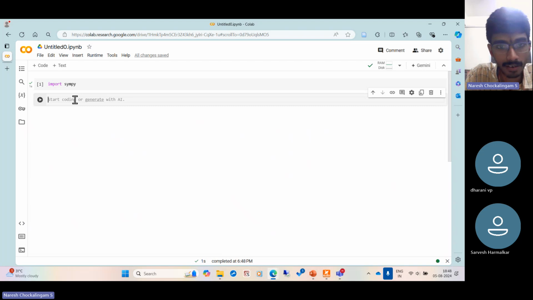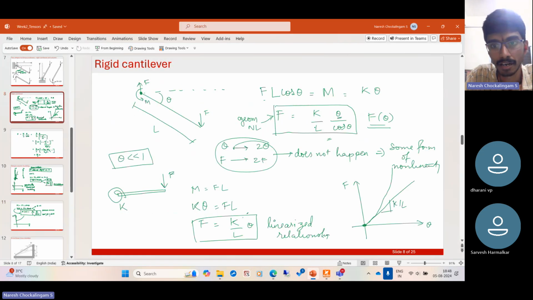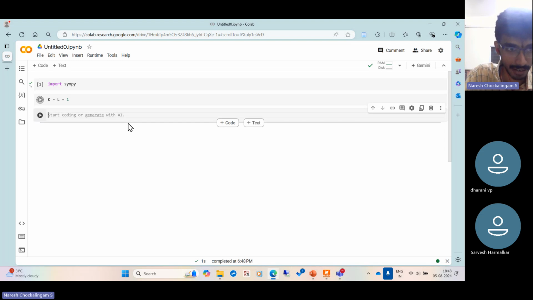Just to visualize here, we can take k and L as 1. Just make k equal to L equal to 1. You just want the shape. And create a symbol for theta, from this library.